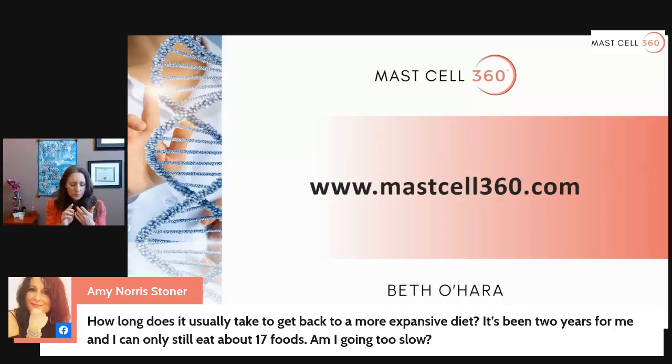Depends on if we're out of mold exposure or not. And there's been a lot of times I really thought I was out of mold exposure, and then I wasn't. And we just found a little bit more mold in our bathroom this past week. So we had to get that remediated. And we keep chipping away at it, but it's hard. Depends on how much we've addressed trauma and addressed our nervous system.